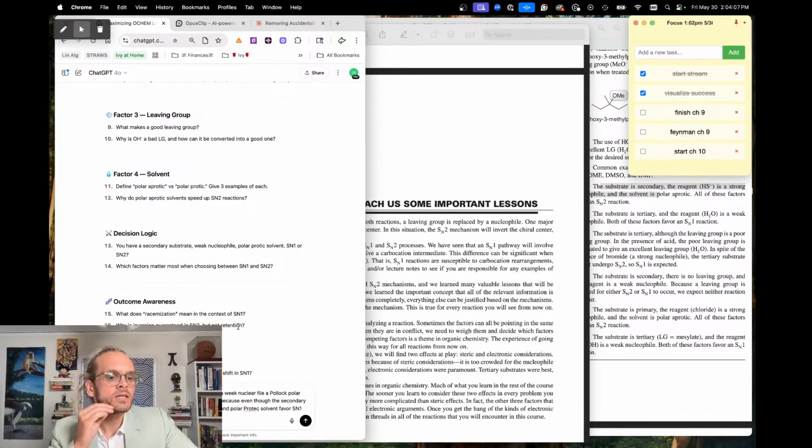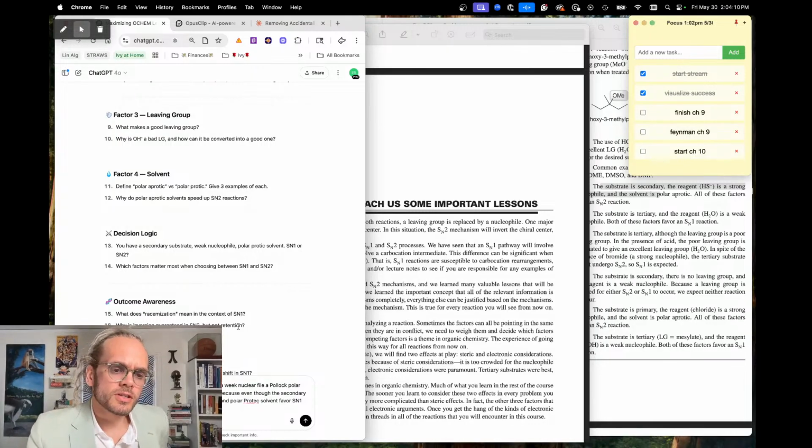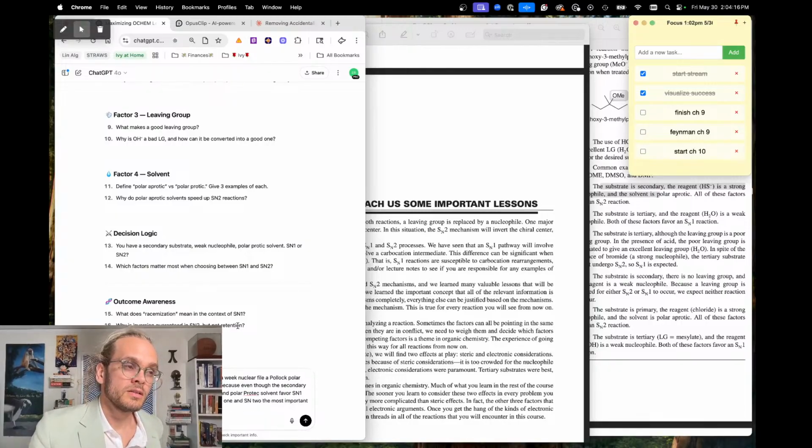Number 14, the factors that matter most for SN1 and SN2. The most important is strength of nucleophile, and then the leaving group, and then the solvent.